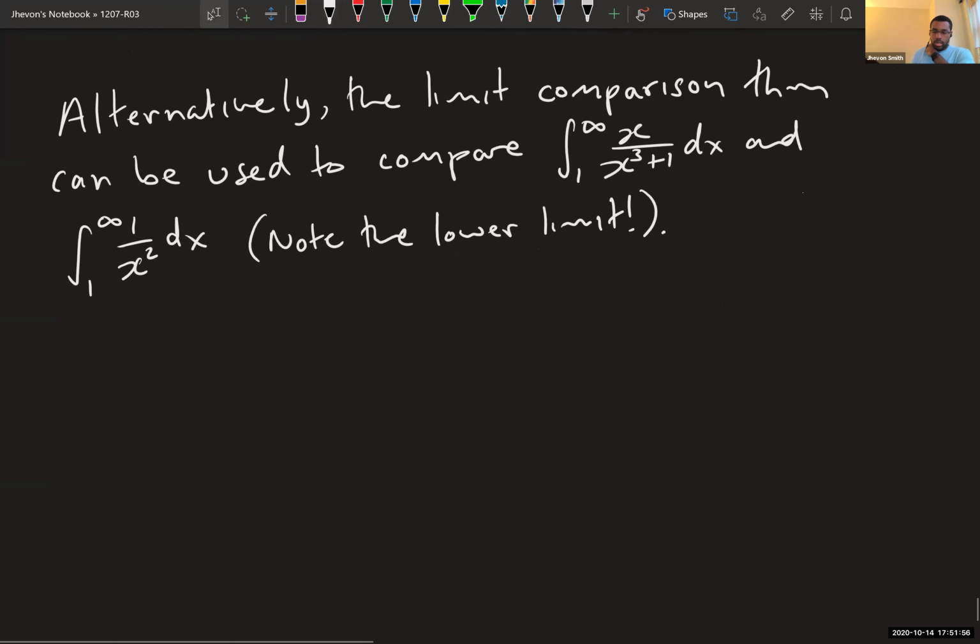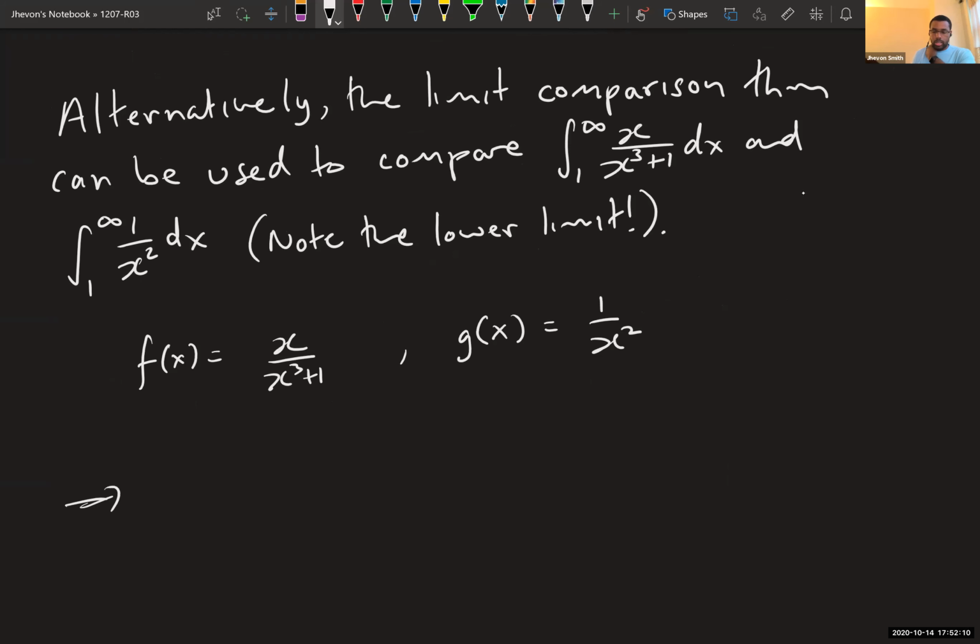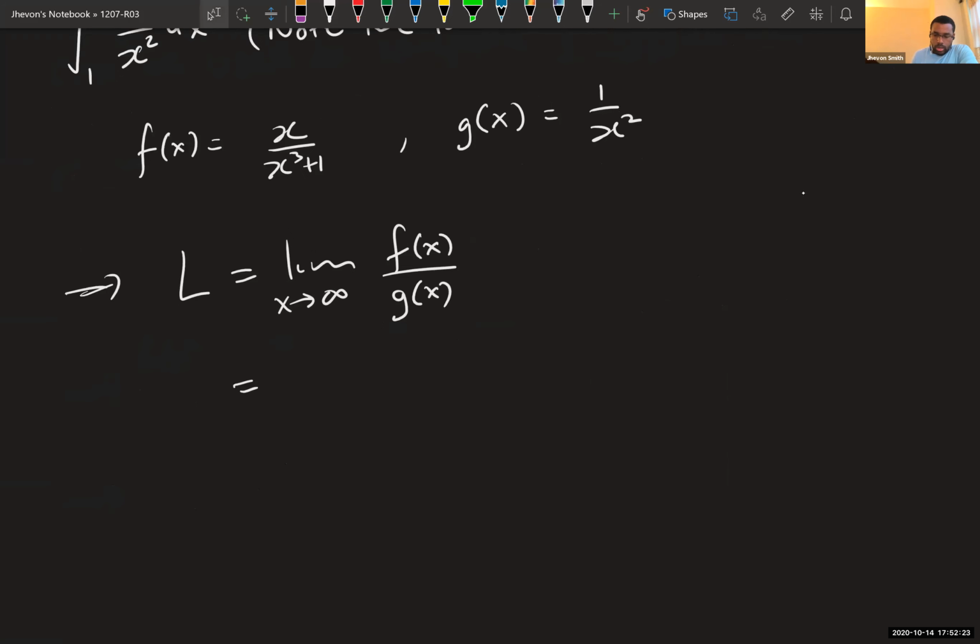So basically, if I set f of x equals x cubed plus 1 and g of x equals 1 over x squared, this means that L equals the limit of f of x over g of x, which is going to be equal to, well, x cubed over x cubed plus 1.